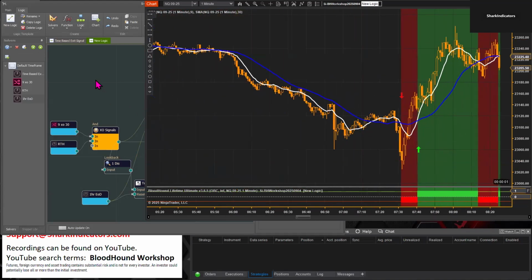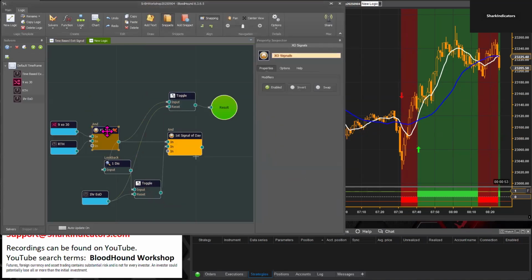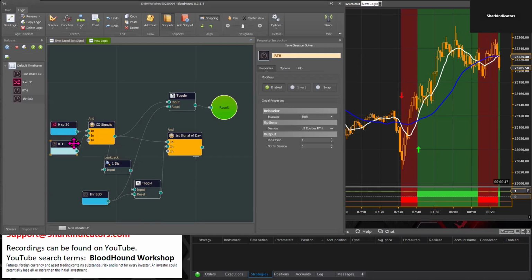And then the toggle node gets turned on again when the first signal comes in there. And again, that's because we're feeding this AND node, which our crossovers are filtered by this RTH session here. Right?